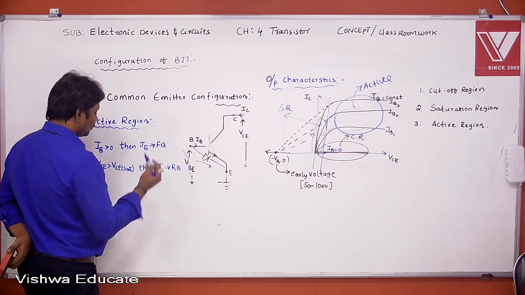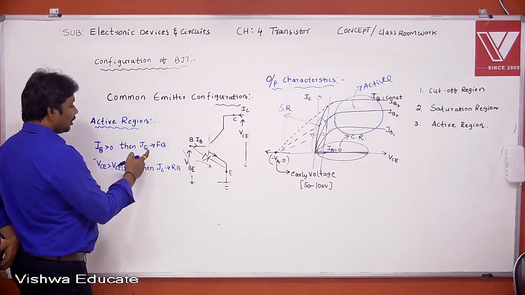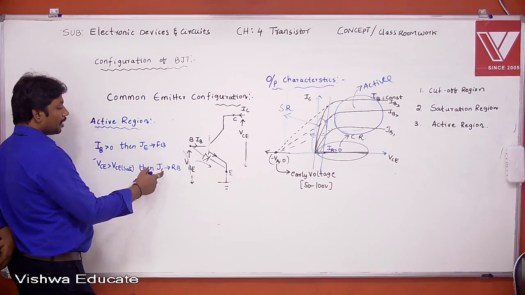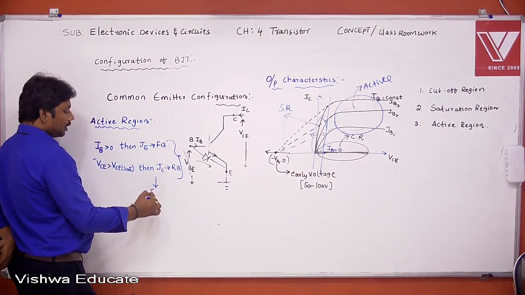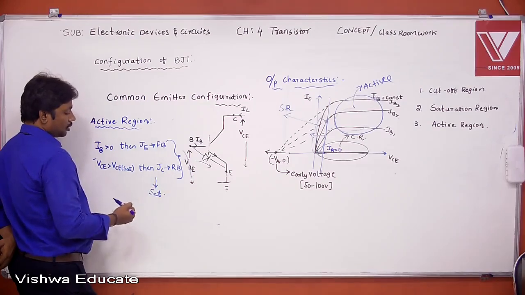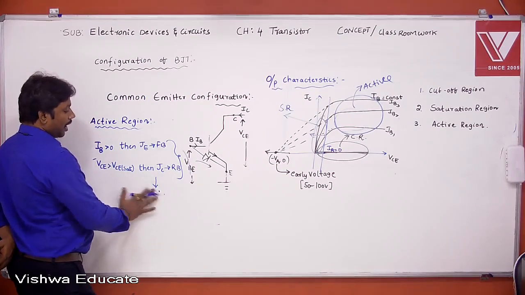What about the collector junction? Reverse bias. Emitter junction is forward and collector junction is reverse, so it is in the active region.